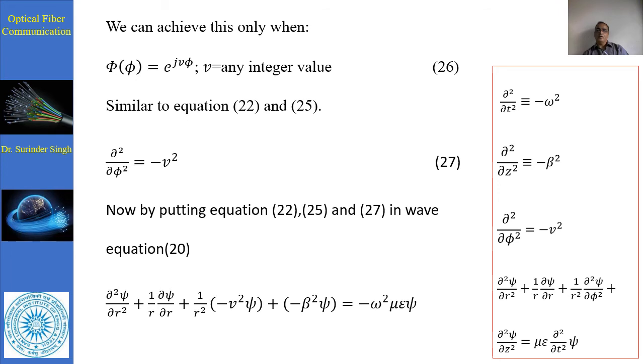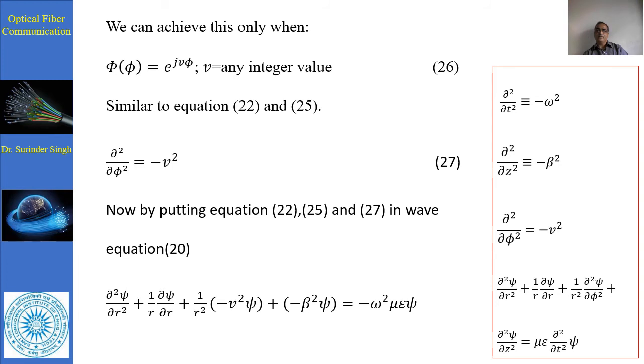Now this expression is the wave equation. We apply all these values into this expression. Here we have d square psi upon d phi square, so the minus nu square that we applied gives 1 upon r square times minus nu square into psi, plus d square upon dz square, that is minus beta square into psi.